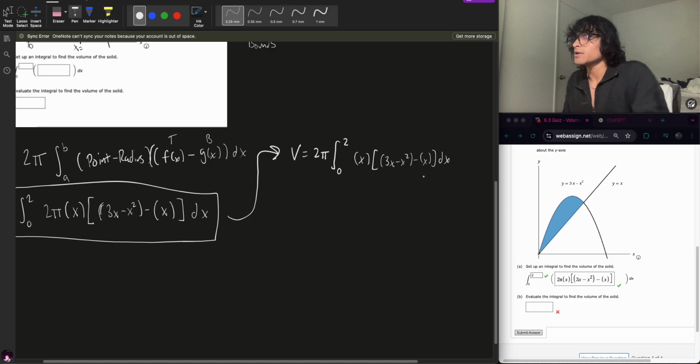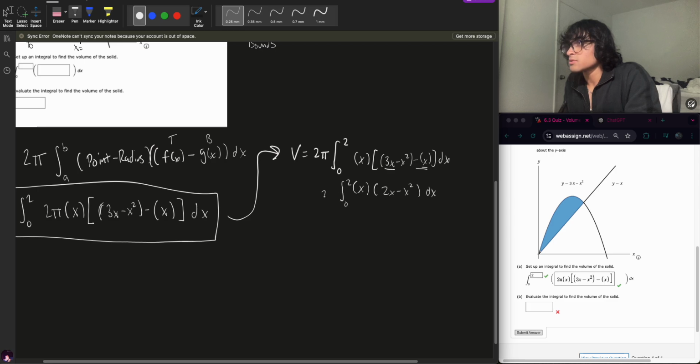Okay, cool. Now let's solve whatever is inside of this. This looks like a hot mess. This would be x times, because 3x minus x, that's going to be 2x minus x squared, dx.